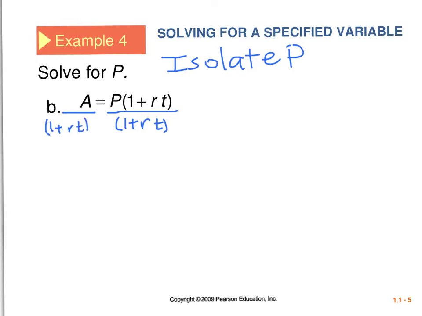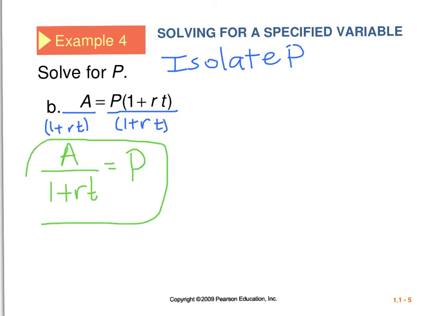Now I should be left with A divided by the quantity 1 plus RT equals P times this quantity divided by 1 plus RT, and 1 plus RT divided by 1 plus RT leaves just P. Since P is isolated, this is my solution.